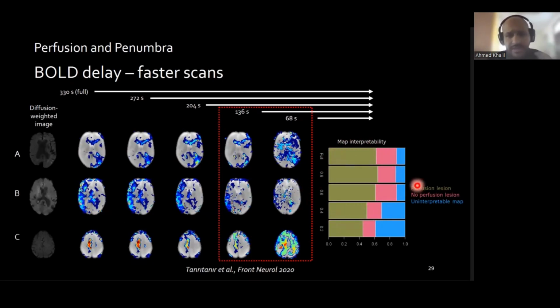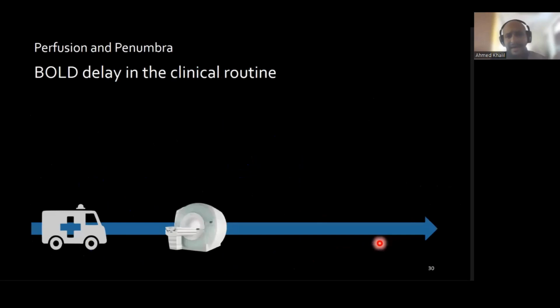The interpretability was judged as being pretty much the same, while it only started to deteriorate at the 2 shortest scan lengths. And that last study especially really helped us implement this technique, bold delay, in the clinical routine a little bit more.